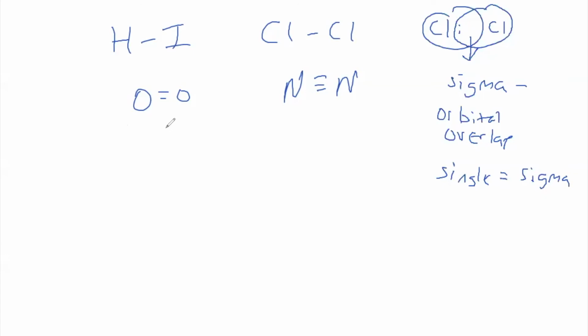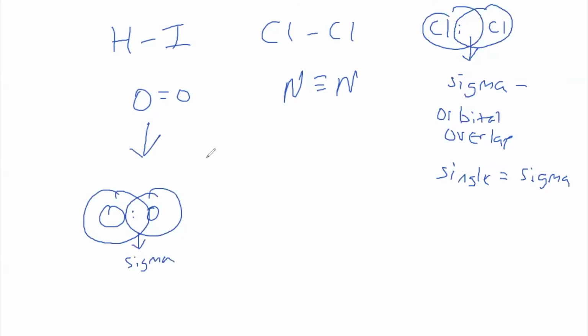It gets more complicated as you get to double and triple bonds, but for a double bond, let me see if I can draw this. We know that we have 2 shared electrons amongst the O, and that would be a sigma bond. But they actually share 4 electrons. If they have 2 bonds, they're sharing 4 electrons. So how are the other 2 shared? Well, they're not actually shared right here. That was just a simplified version.